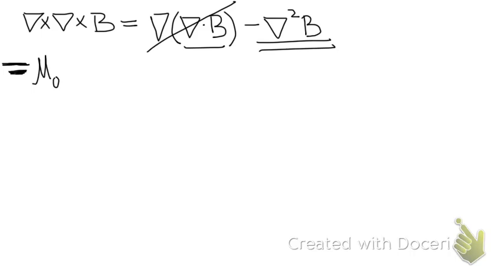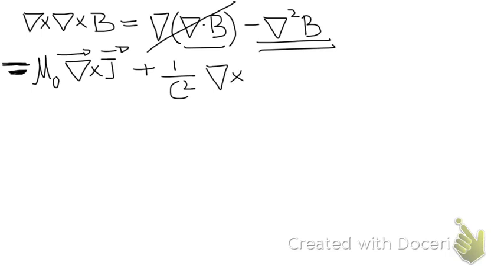So let's write it down as mu naught curl of J plus 1 over c squared curl of my electric field time derivative, right? Let me get rid of these vector signs because I said I'll not be using them, so you might get confused. Alright.